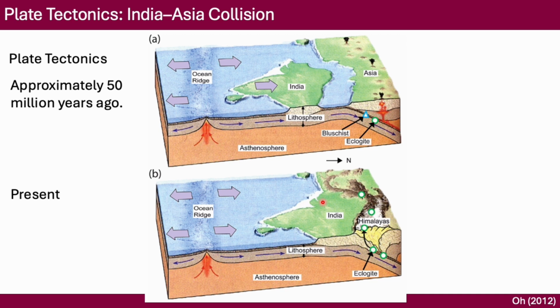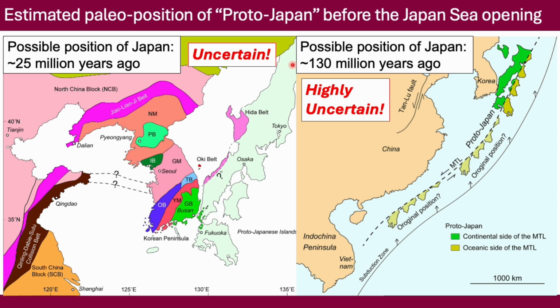The Japanese islands were also formed through plate tectonic processes, although their history is more complex. Now I'd like to introduce my research on the geological history of the Japanese islands. These two figures show possible paleo positions of Japan relative to the Asian continent.